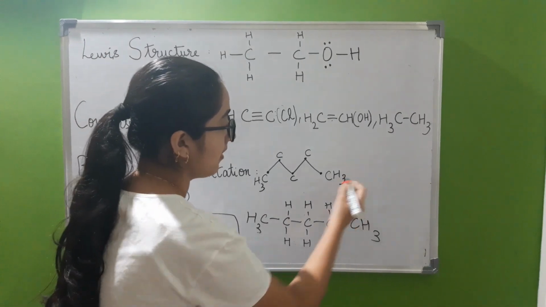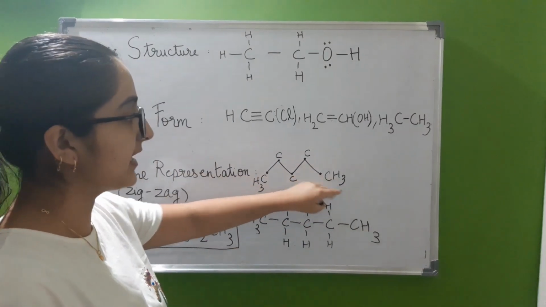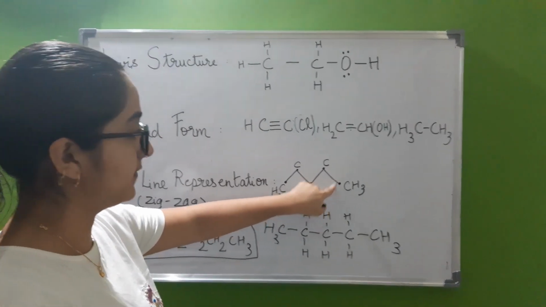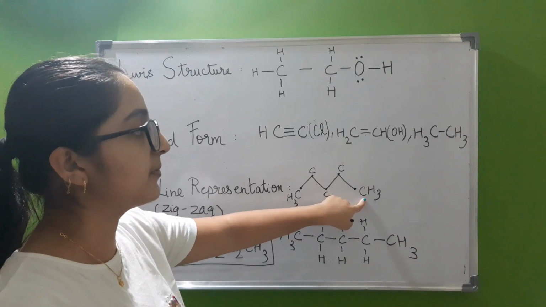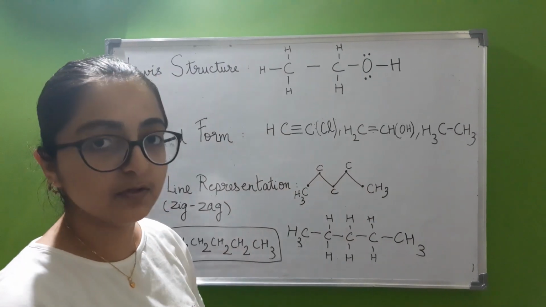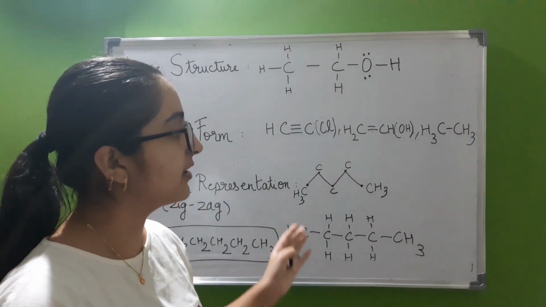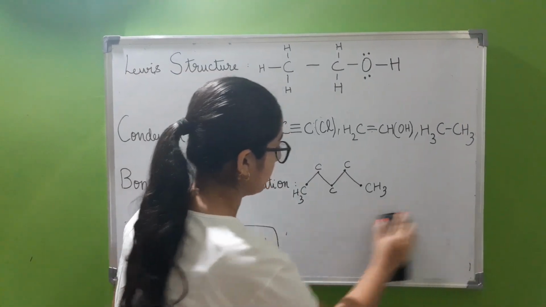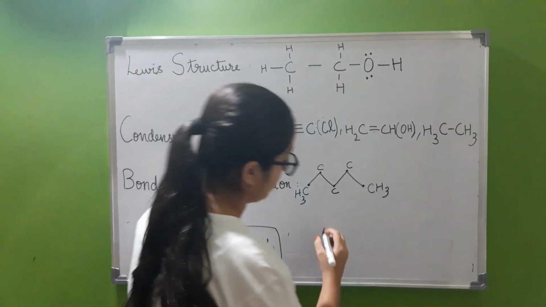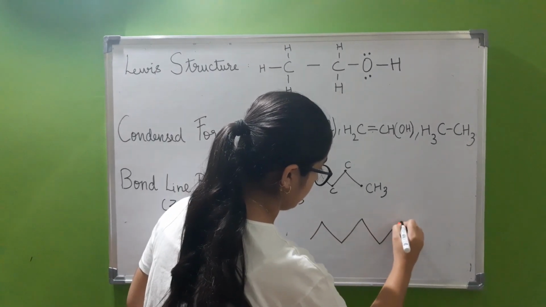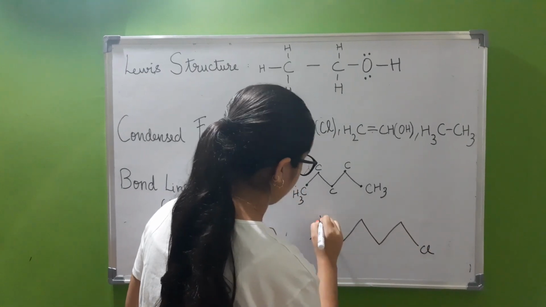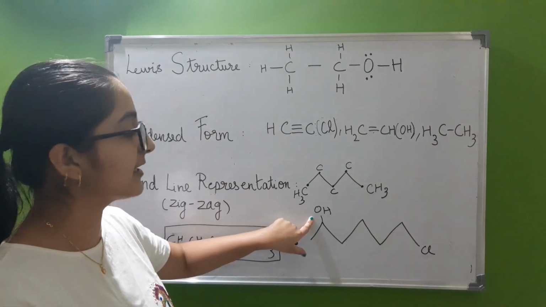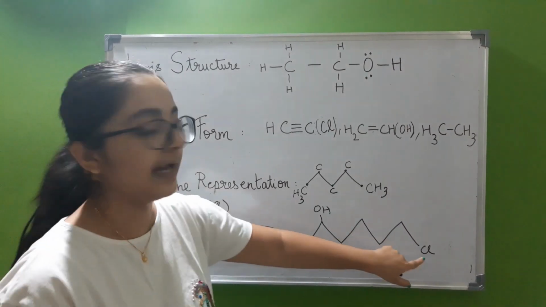So the compounds can be different. It's not necessary that the terminal point of the bond line representation always has to be a methyl group. If it is some other group, it will be particularly mentioned there. For example, here we realize that they have mentioned in the question an OH group and a chlorine group.